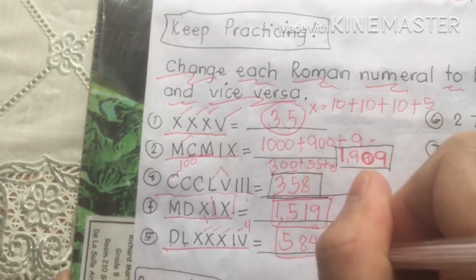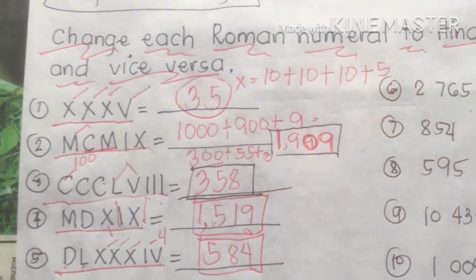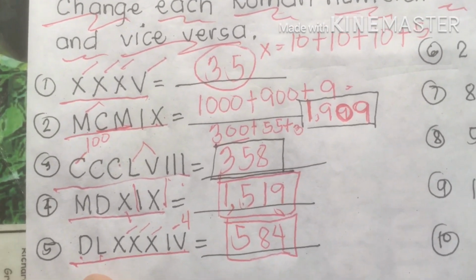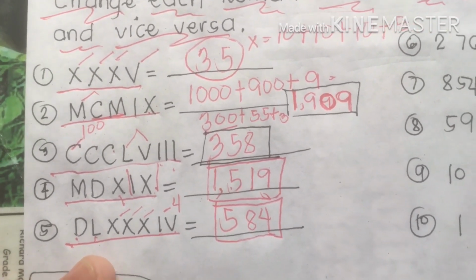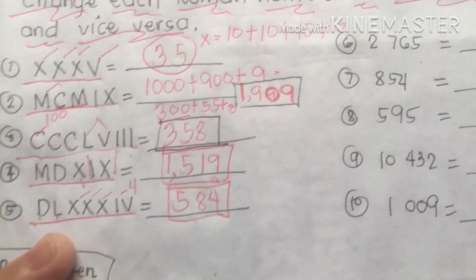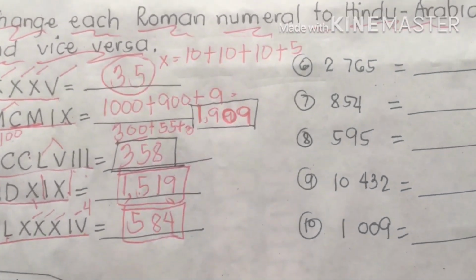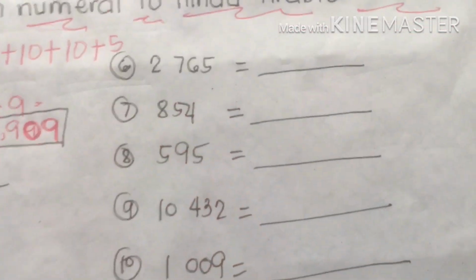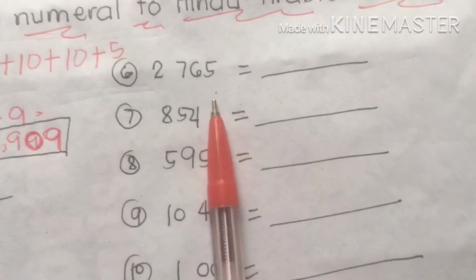Okay, that's simple, guys. All we have to do here is memorize the different values of Roman numerals in Hindu-Arabic. Next, we have number 6, vice versa, Roman numerals, then to Hindu-Arabic, my dear students.